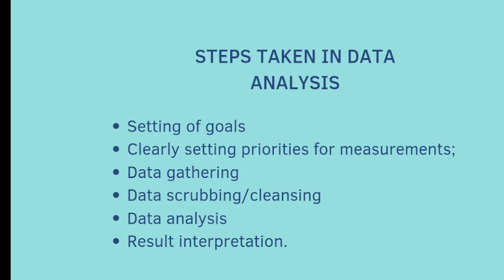The next thing is clearly setting priorities for measurements. Once you have your goals defined, your next step is to decide what you are going to be measuring, and what methods you'll use to measure it. In setting priorities for measurement, you're going to determine what you're going to measure.